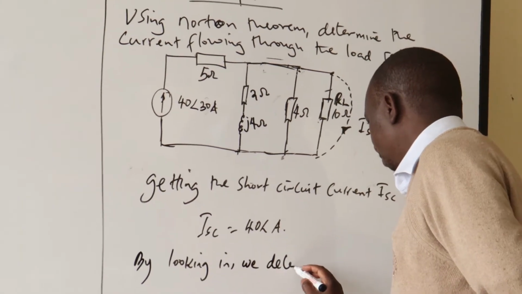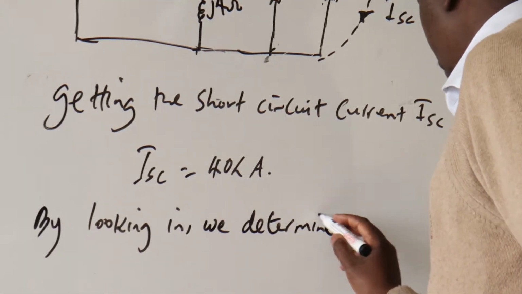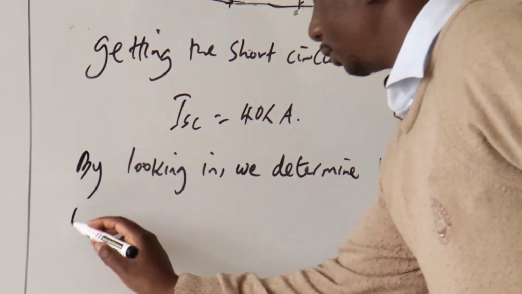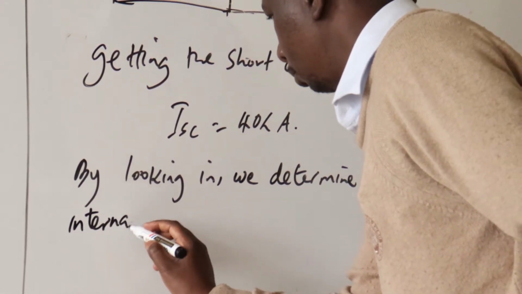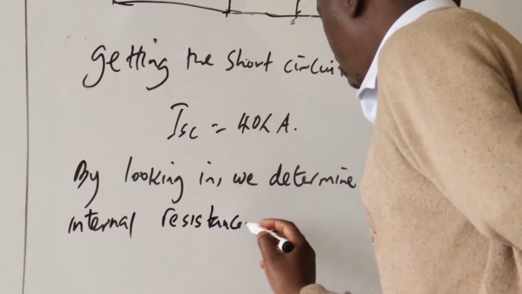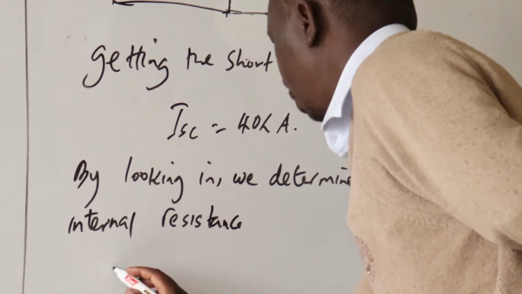Then we look in at the point of the short circuit. We determine the Norton's internal resistance, and we shall have our circuit appearing this way.